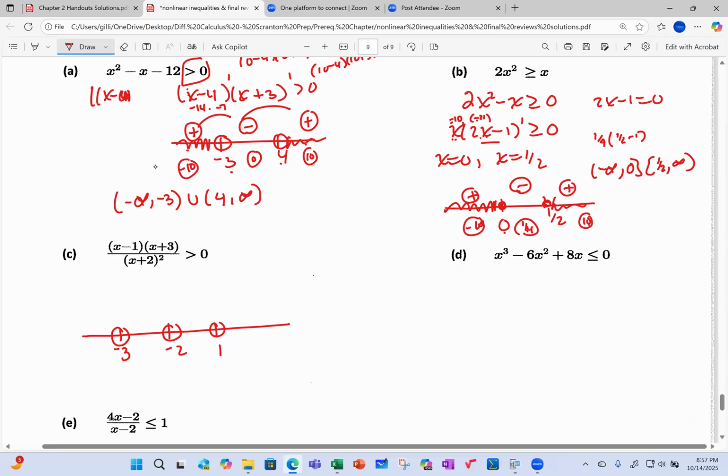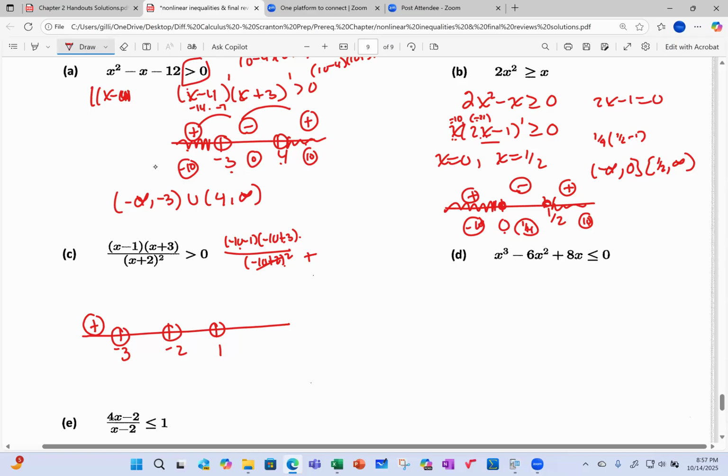All right, so if I pick, say, -10, which is to the left of -3, I'll get -10 minus 1 times -10 plus 3 over -10 plus 2 squared. And guys, that's going to be a -11 times a -7, which is a positive, divided by that positive in the bottom because anything squared is a positive.